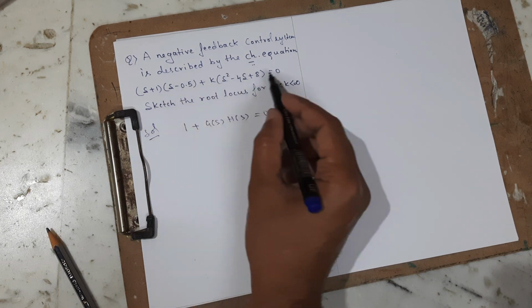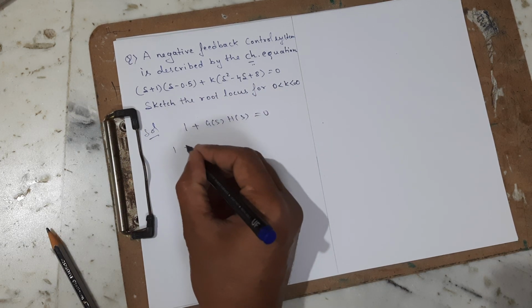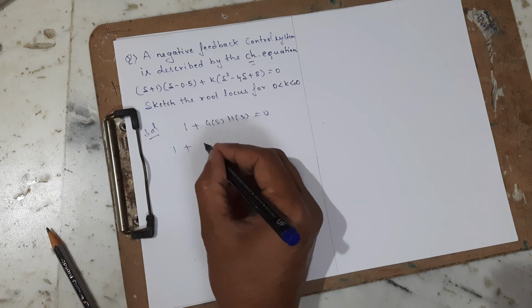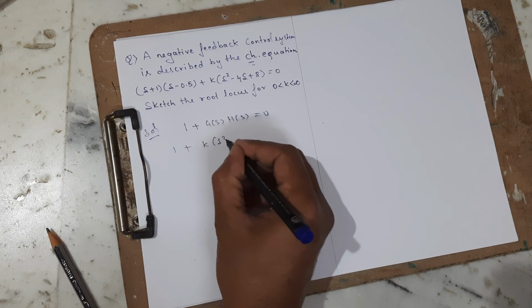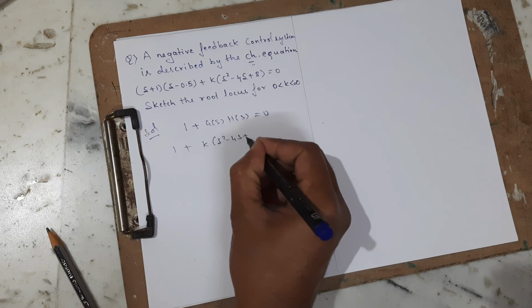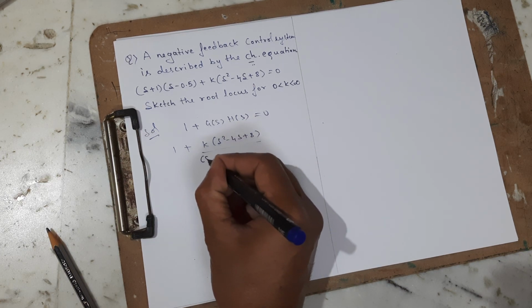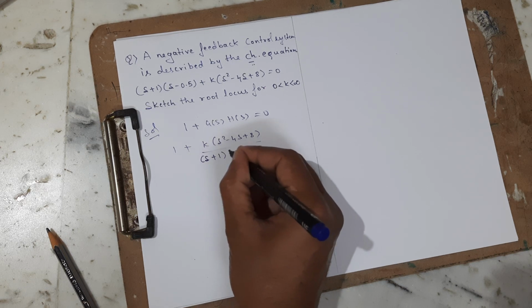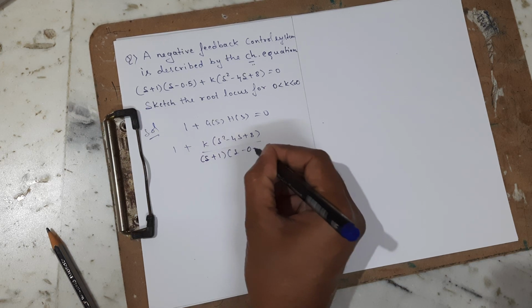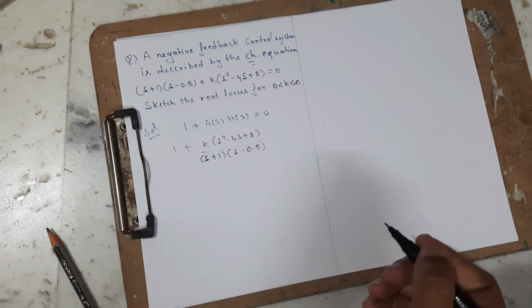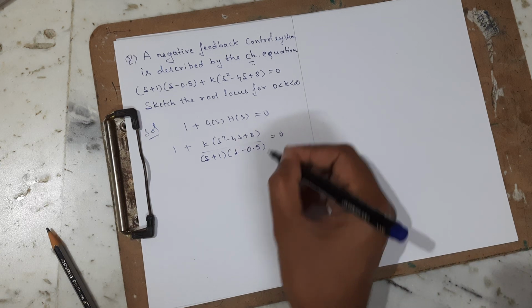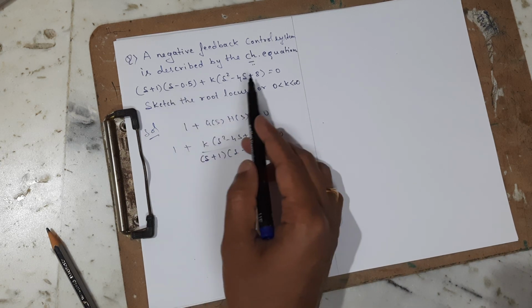So I can write the given equation like this: 1 plus K(s² minus 4s plus 8) divided by (s plus 1)(s minus 0.5) equals 0, just by taking the LCM.